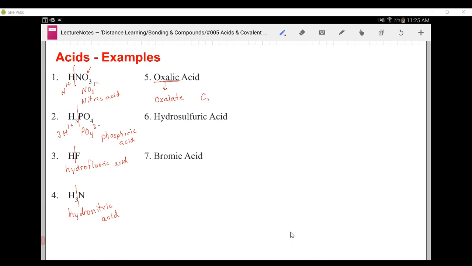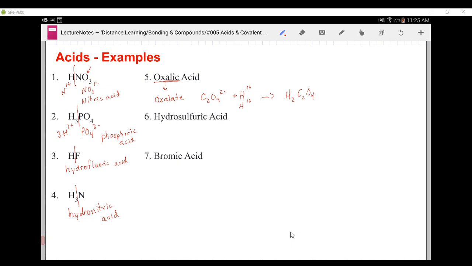Oxalate is C2O4 with a 2- charge. So to make this thing into an acid, I need to add some hydrogens to it. If it has a -2 charge, I would need to add 2 hydrogens to this to make my final formula of H2C2O4.